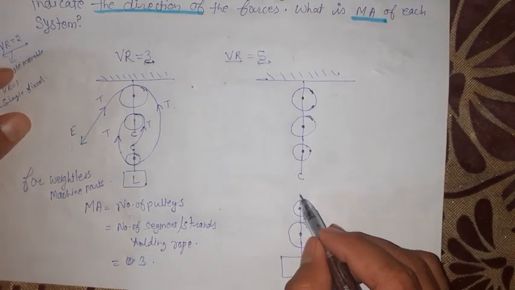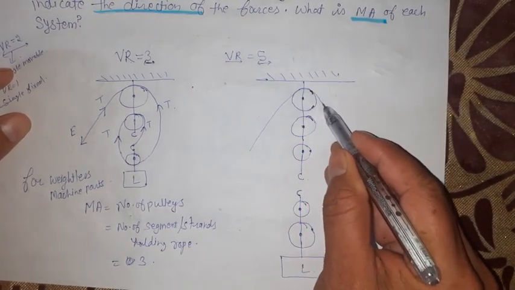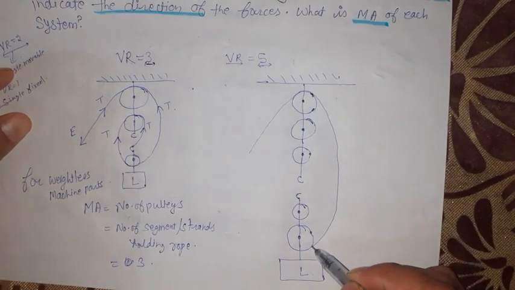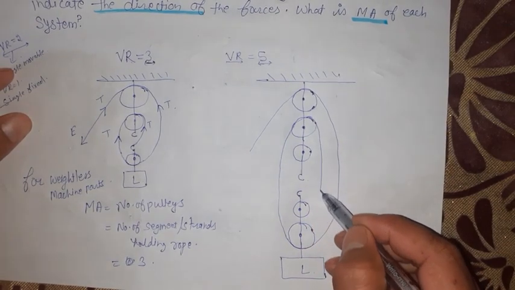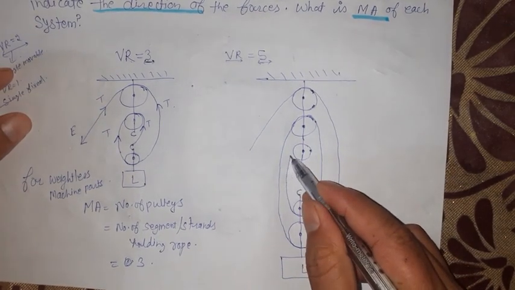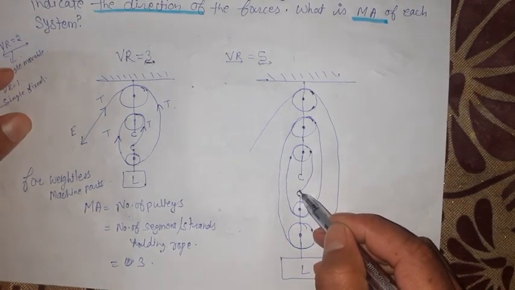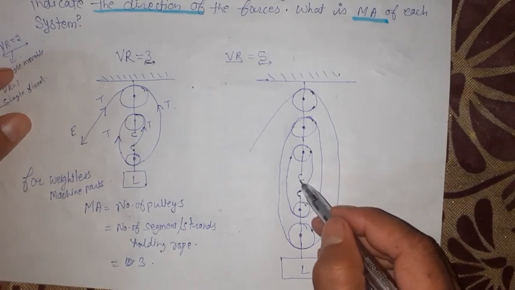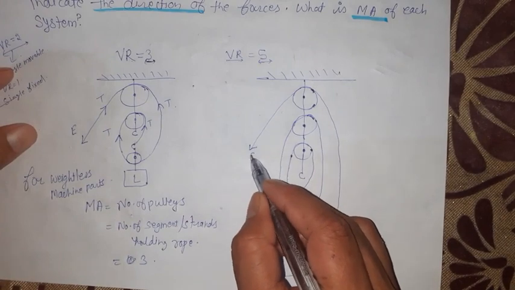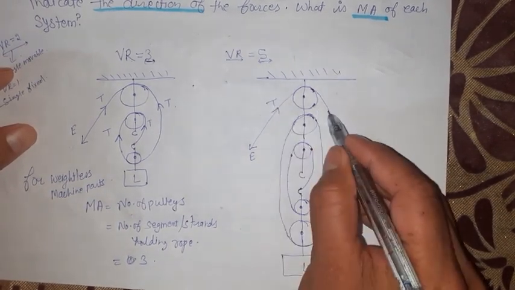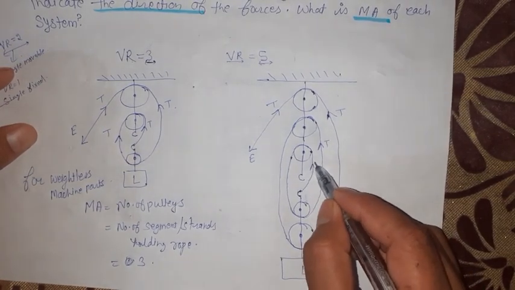Now this is the hanger. Once again, start to cover it up from the uppermost. The rope will come to the lowermost pulley, then it will move upward. Once again covering, it comes down, and here once again after covering, finally it is going to attach with the lower one. Don't attach it with the upper hanger. So this is the effort applied over here, tension is at this end, and in every segment of this rope the same tension is developed.